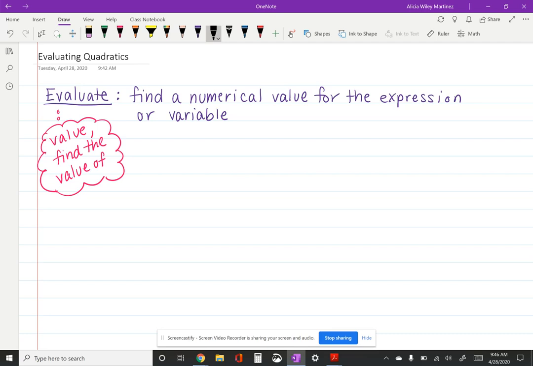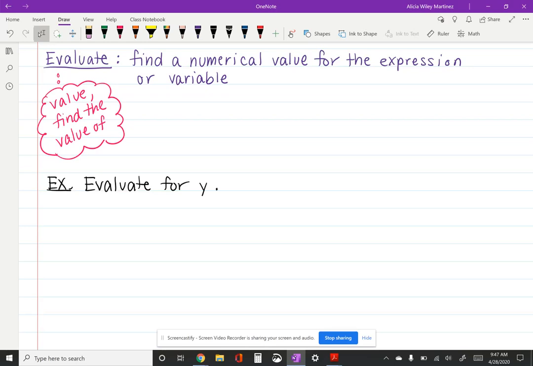All right, let's look at an example. In each of these examples, our directions are going to be evaluate for y. So let's look at number 1.